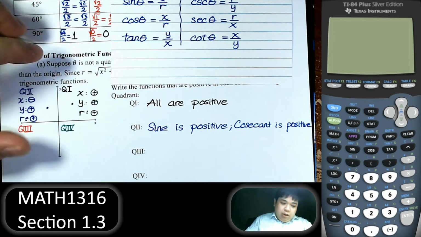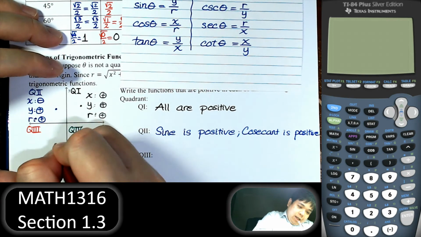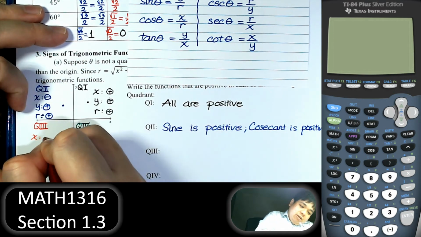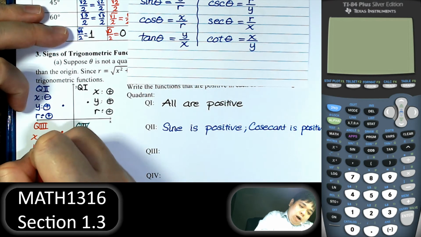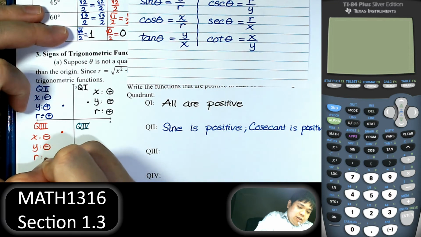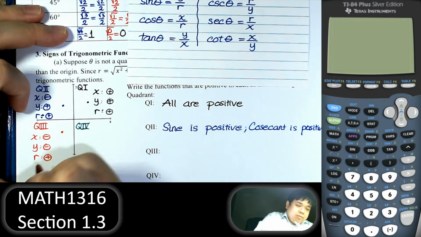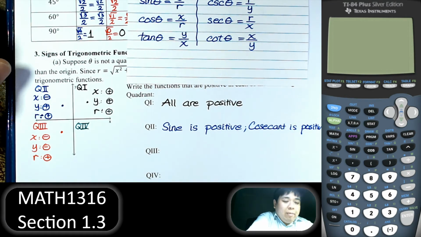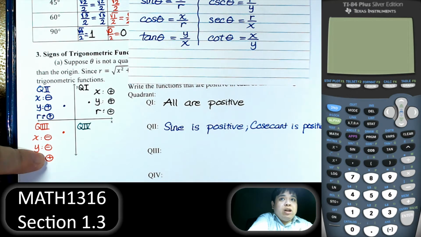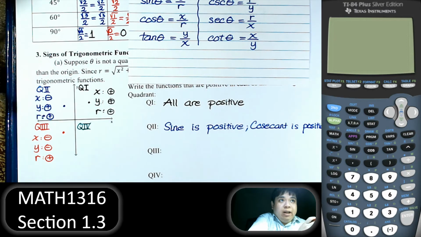Next, third quadrant. So if the point is there, x is negative, y also negative, and r always positive. Right, now pick 2 out of those. Which combination will give us a positive? Now if we have a negative and a positive, the ratio will be negative.